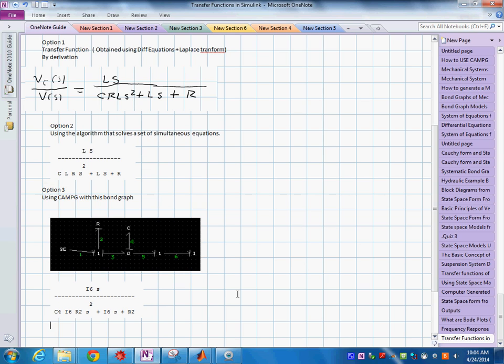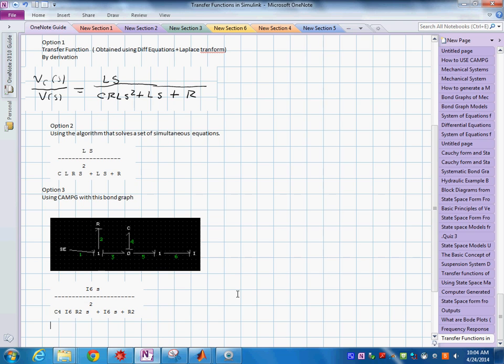Okay, so what I was trying to say is that if we have this transfer function in symbolic form, we could use it in Simulink directly, either entering that transfer function into Simulink or using again our bond graph modeling approach.